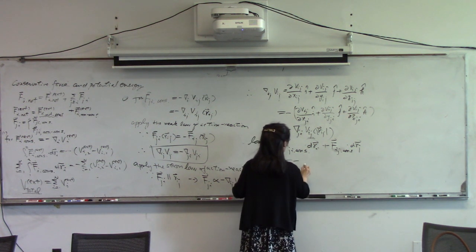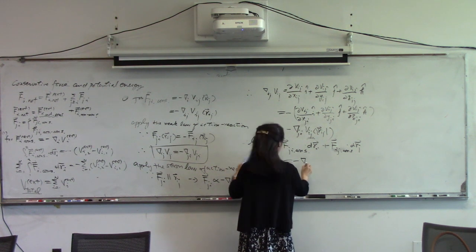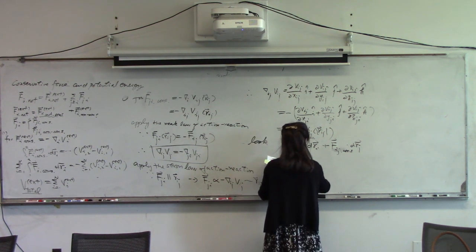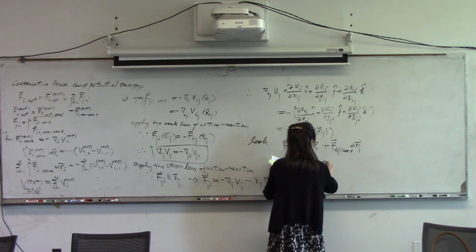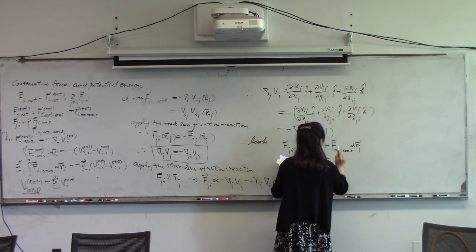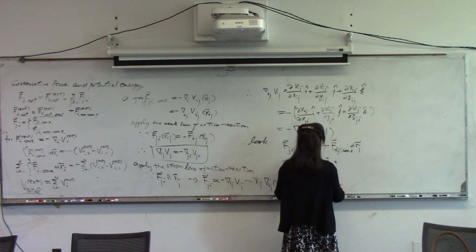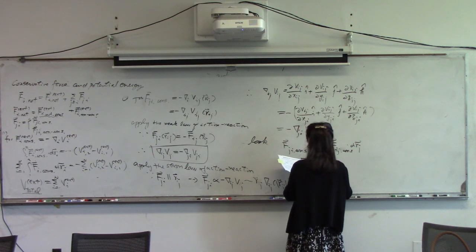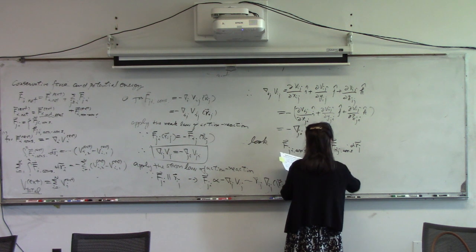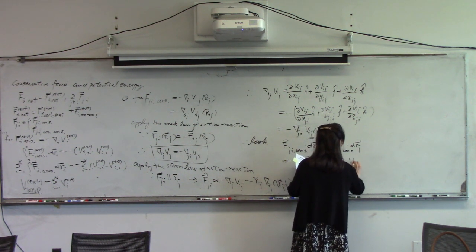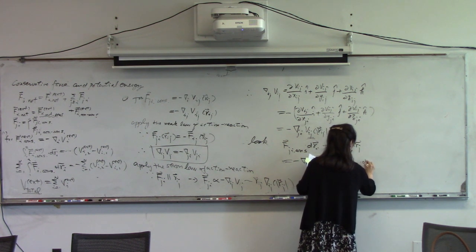We have a negative delta Ij Vij dri minus, and then this minus will become plus, right? Minus delta Gi Vgi drj, right?